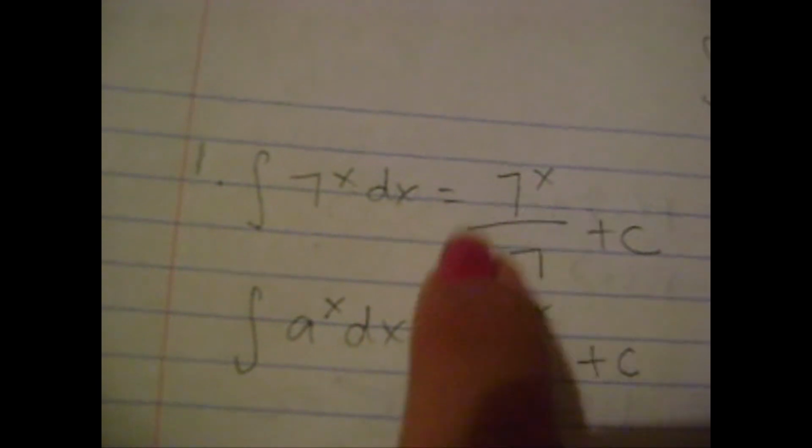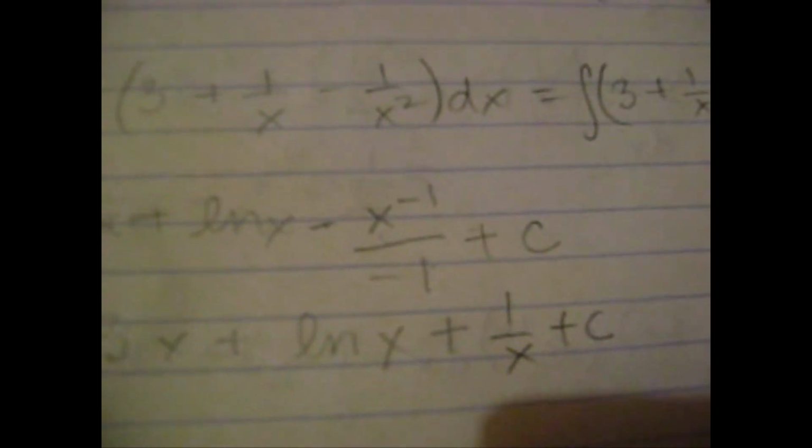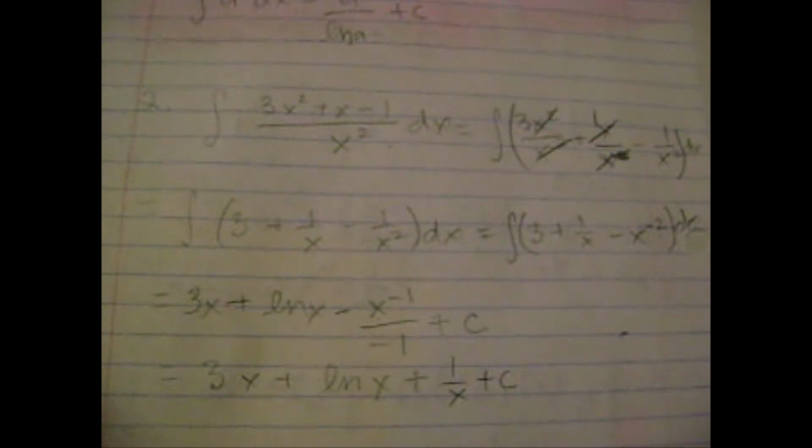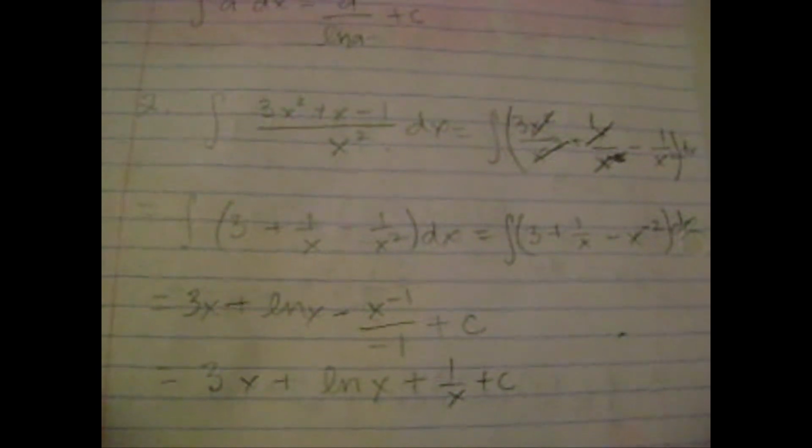It's just a rule right there. And also, like I showed you earlier while working it out, the integral of 1 over x will become ln of x. That's just a rule there too. So this is just to show you how to deal with integrating and natural log.